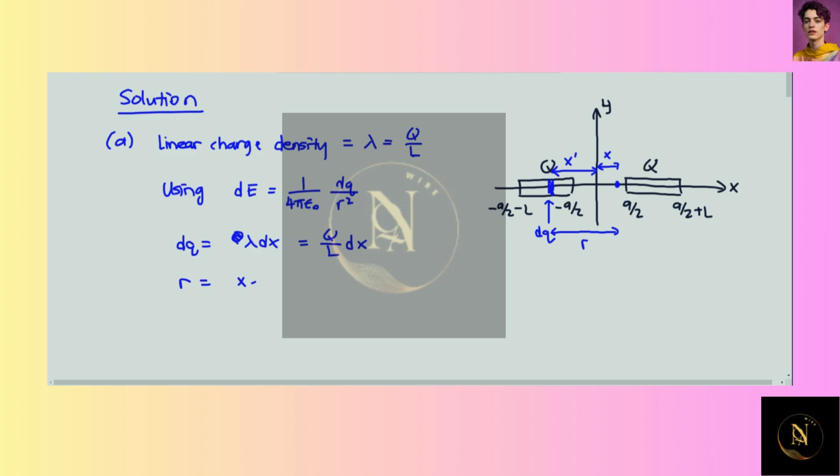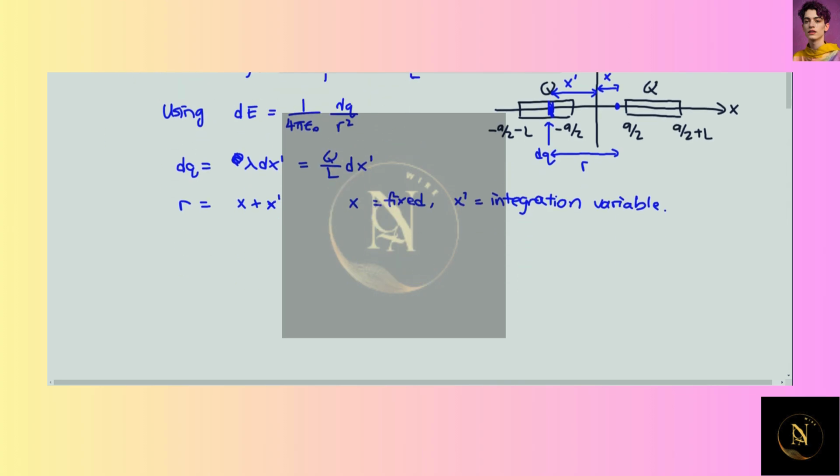Our r is x plus x prime. The x is fixed, and x prime is our integration variable. So we can set up our integral now. Our x prime goes from minus a over 2 minus L to minus a over 2. These are our limits of integration.